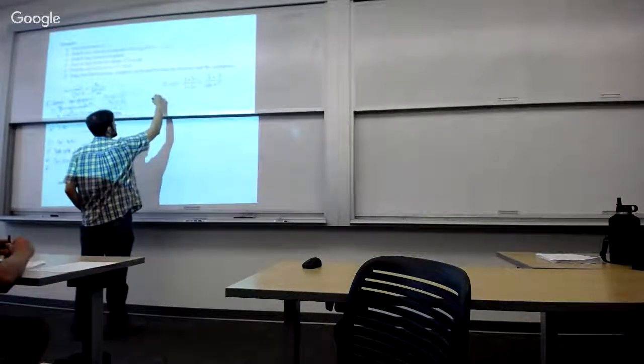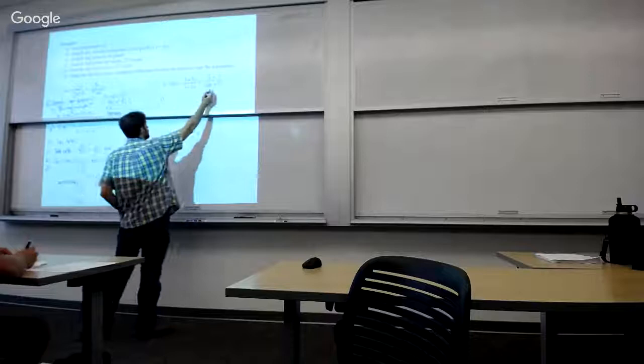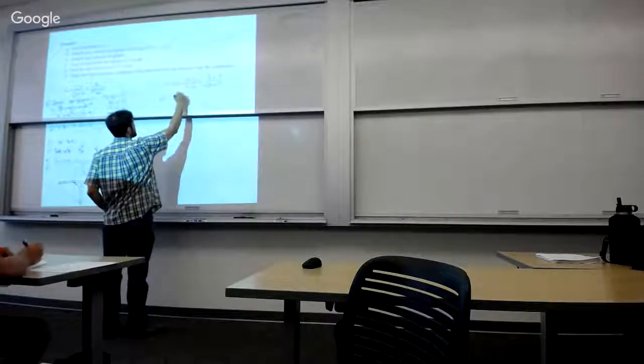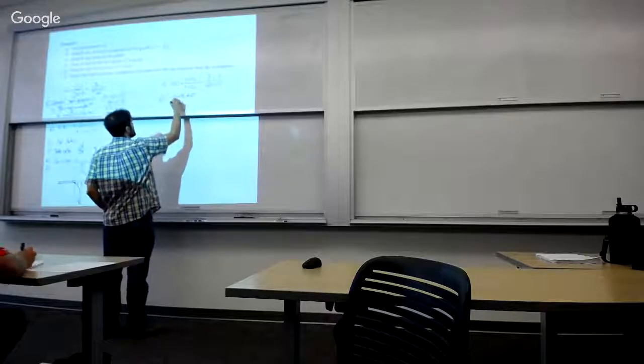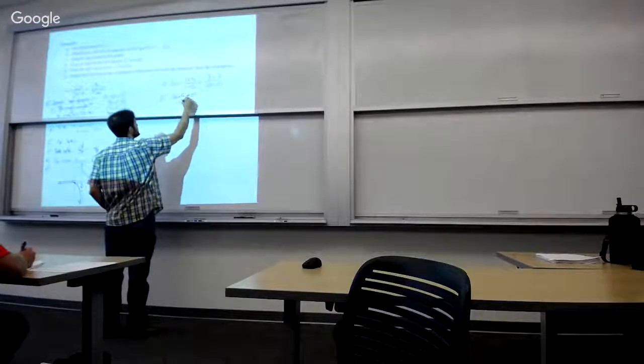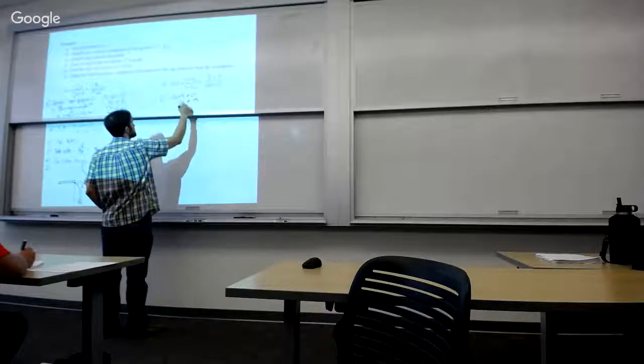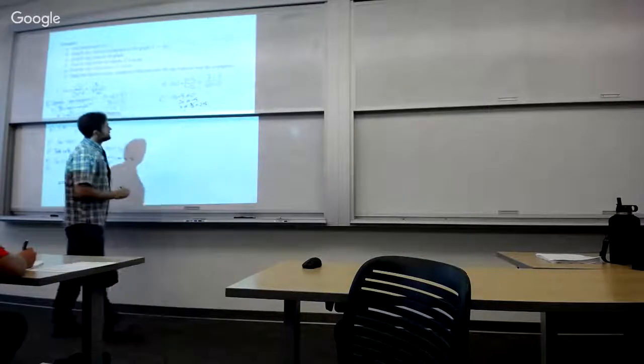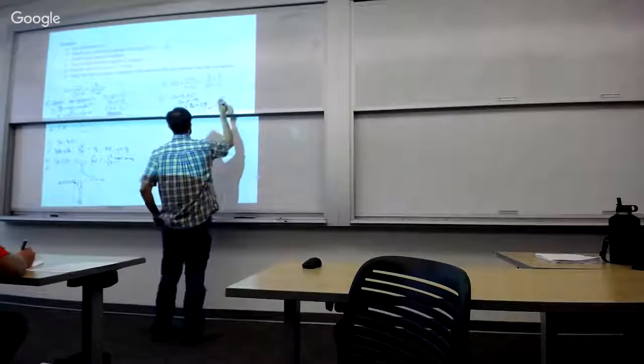So find the domain. Domain is, what can't you plug into the denominator? Well, I don't want negative 2x plus 5 to equal 0. So negative 2x shouldn't equal negative 5, which means x shouldn't equal 5 halves, or 2.5. So the only value that we're excluding from our domain is 2.5.